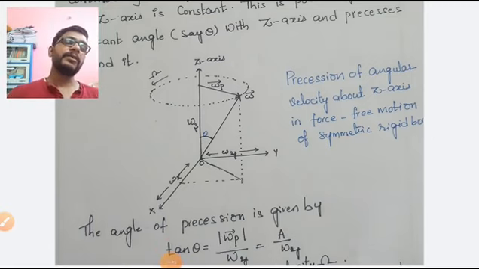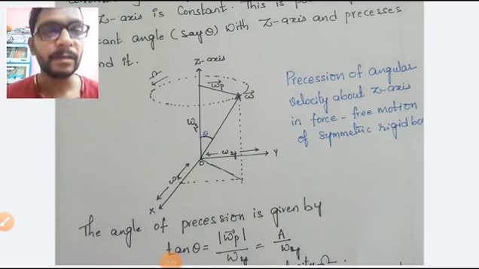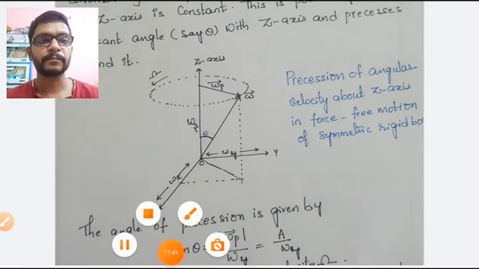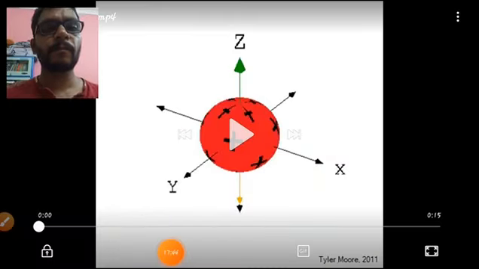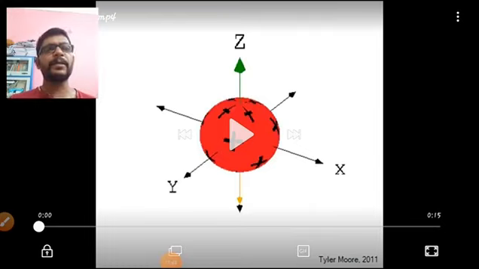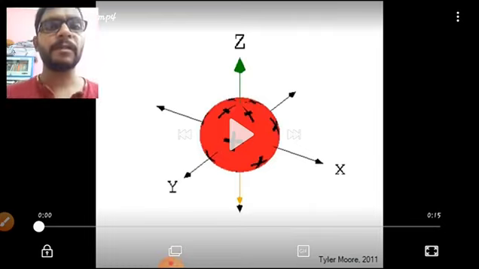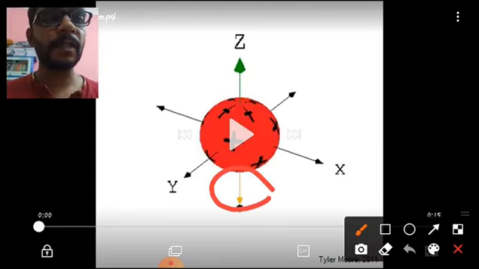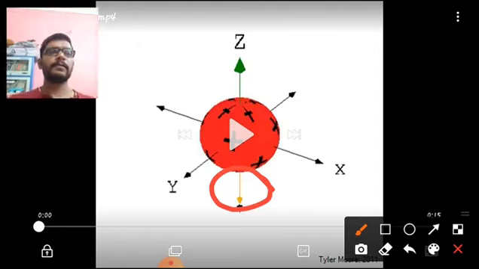Okay, so I am going to show you one video. Just see here. If you observe this picture, this is the body's own axis.